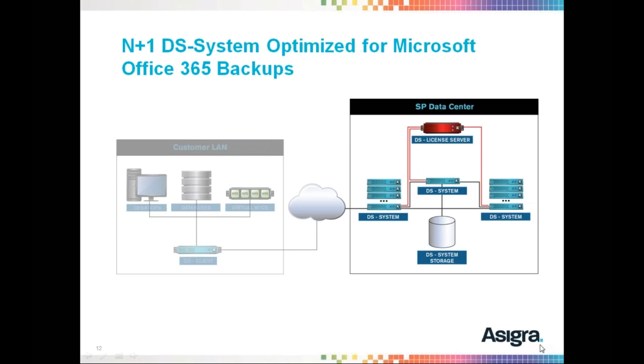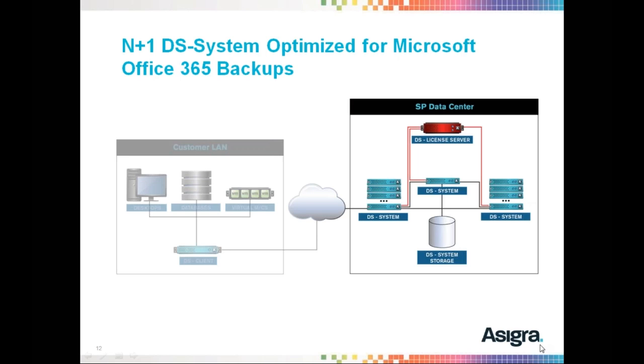So you're going to have hundreds or thousands of backup sets created, which means if you have a lot of DS clients doing these types of backup sets, your backend needs to be, of course, configured in an N+1, because the DS system, as you know, has to receive every single item that comes in, every single backup set, as well as in the back end do storage optimization, integrity verification, do a lot of other tasks that are related to the performance optimization of the Asigra DS system in the back end. So you want to give the DS system enough nodes to be able to handle all the incoming backups as well as everything else related to the optimization and to management of the back-end environment.